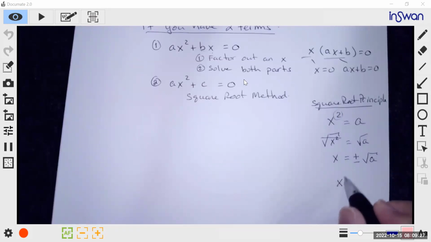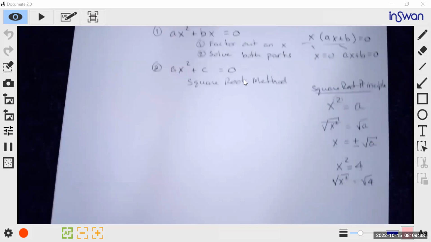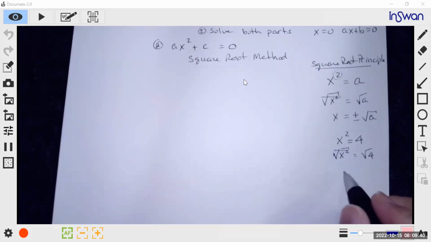Example, if x squared equals 4, we square root both sides. The square root and the square cancel. Then it's going to be plus or minus the square root of 4, which is 2.